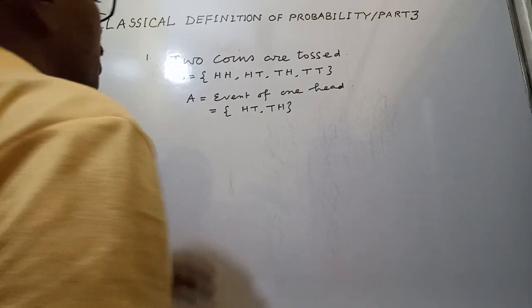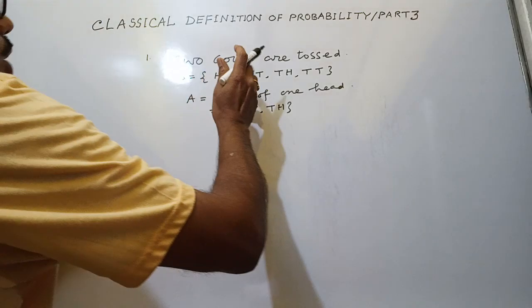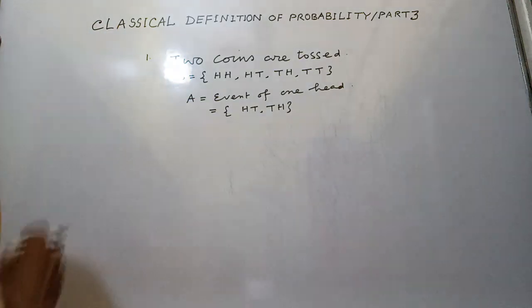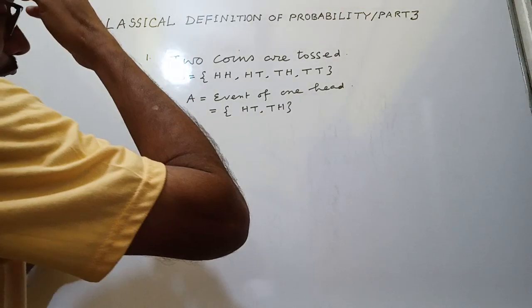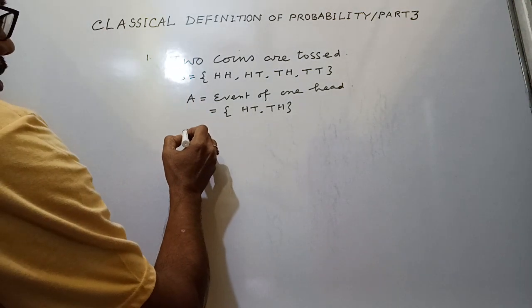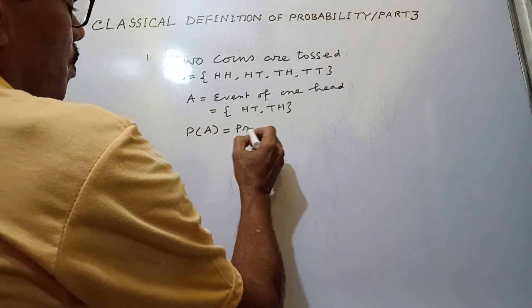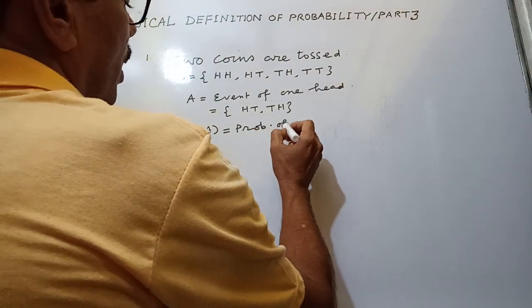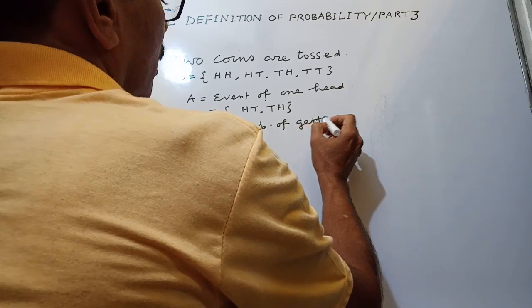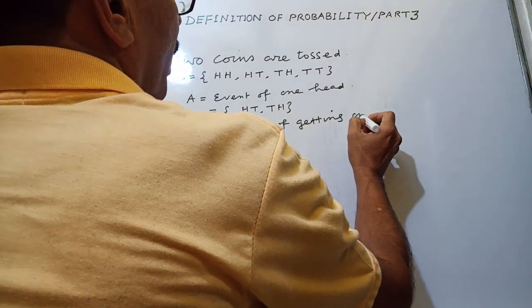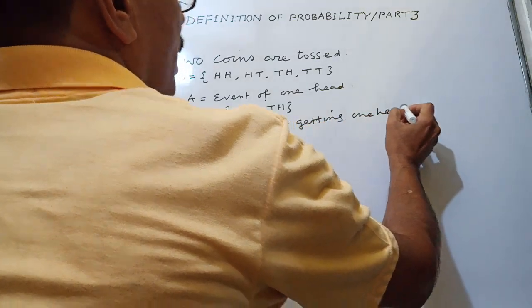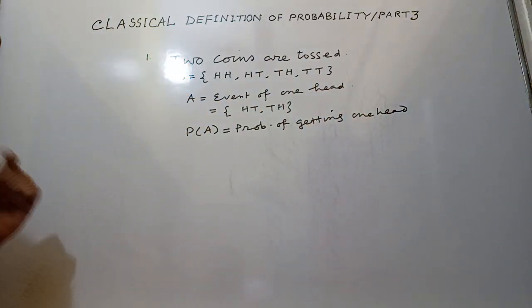So what is the probability of getting one head? P(A) equals the probability of getting one head, not two heads, because A is defined as one head.